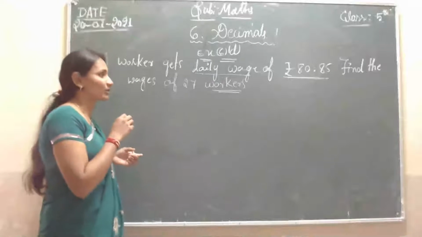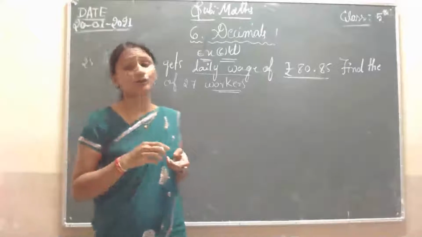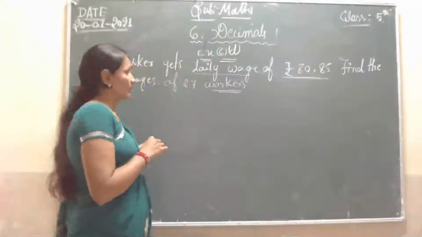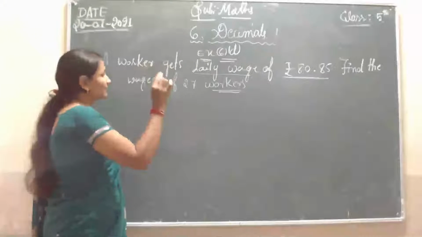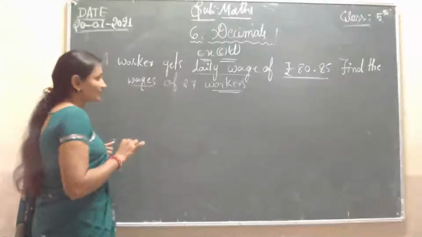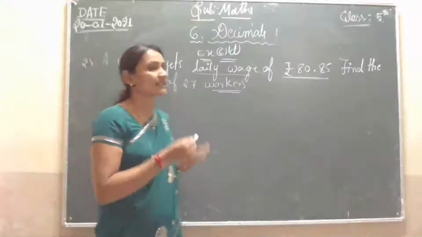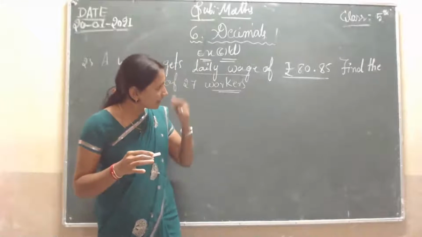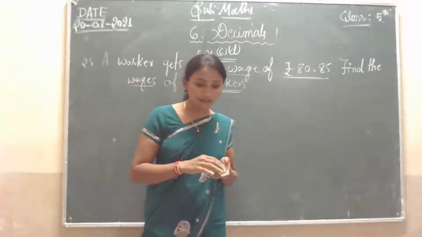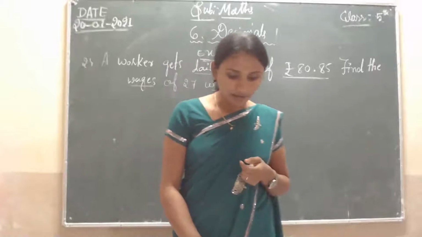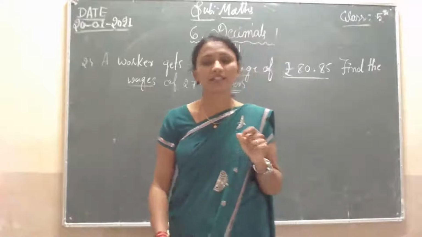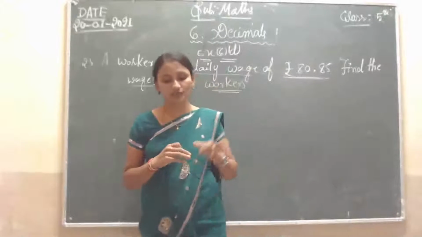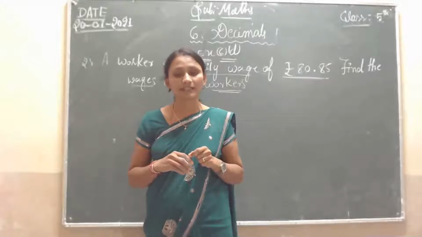This is very important: first you have to observe the words. Find the wages of 27 workers. The wage of one labourer is 80 rupees 85 paise.